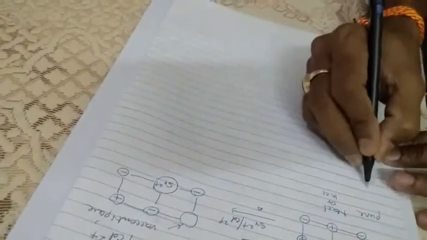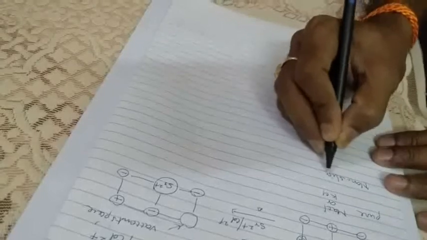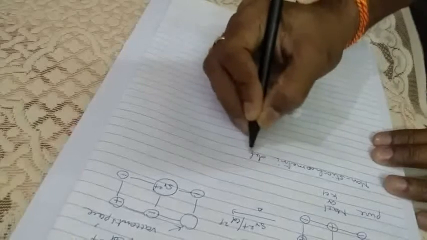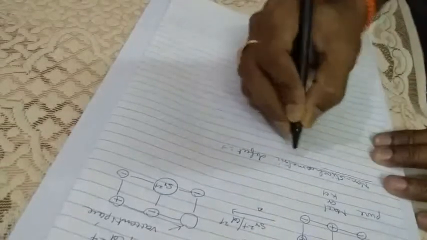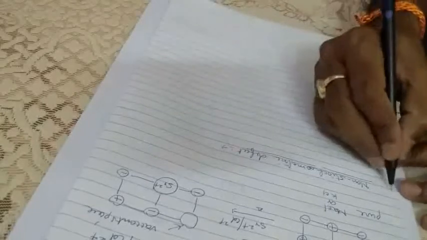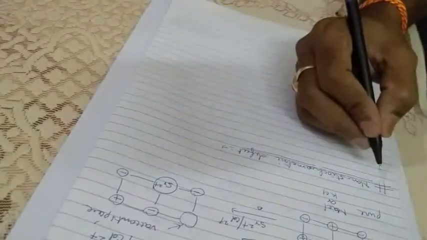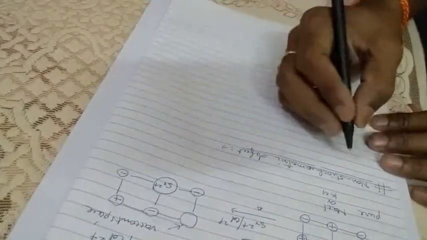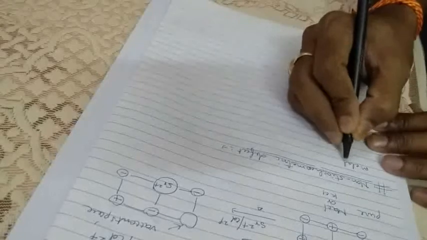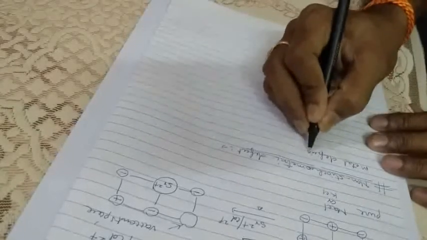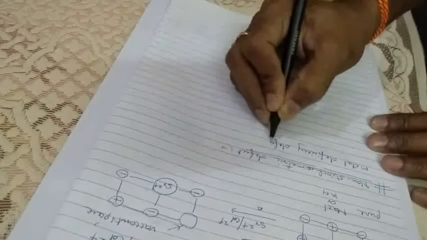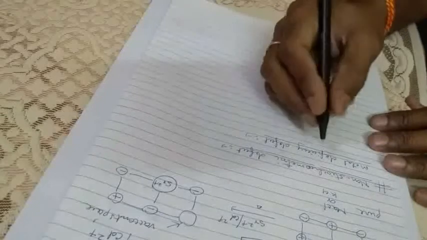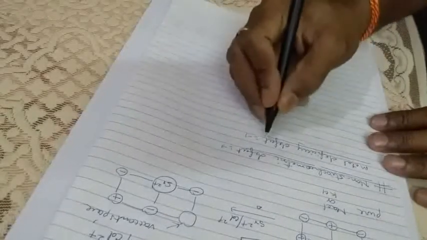Next, non-stoichiometric defect. In this non-stoichiometric defect, defects are not balanced, not neutralized. Now see, there is metal deficiency defect. According to the name, metal deficiency means the metal is less as compared to non-metal.